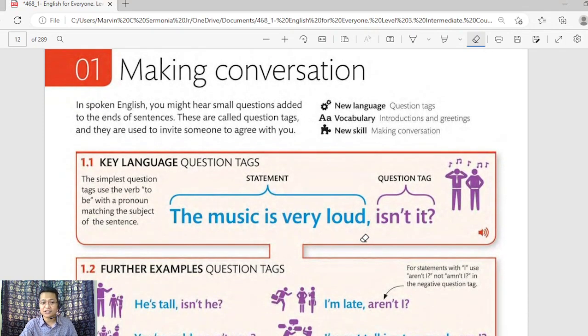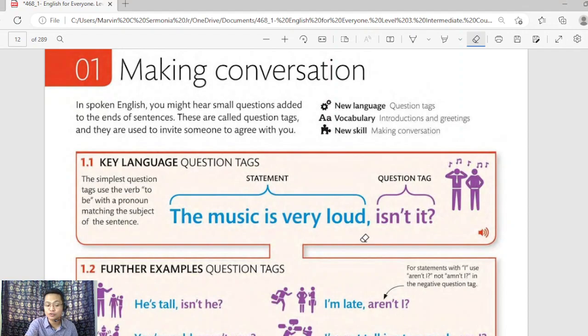In spoken English, you might hear small questions added to the ends of sentences. These are called question tags, and they are used to invite someone to agree with you. Of course, we always find ourselves communicating with different people, and we all want to be good communicators.